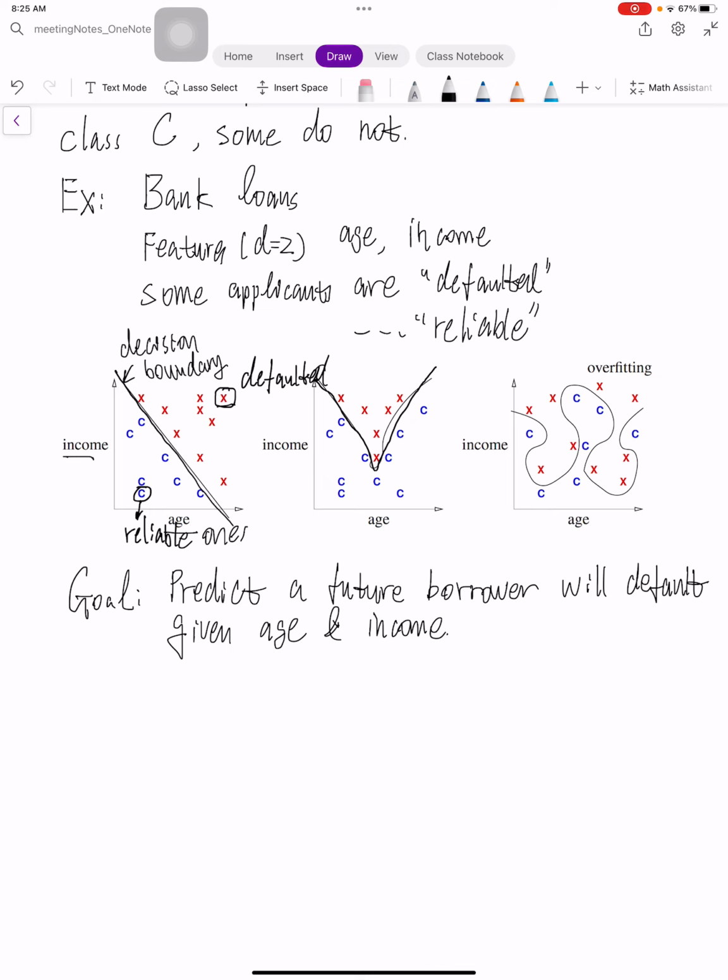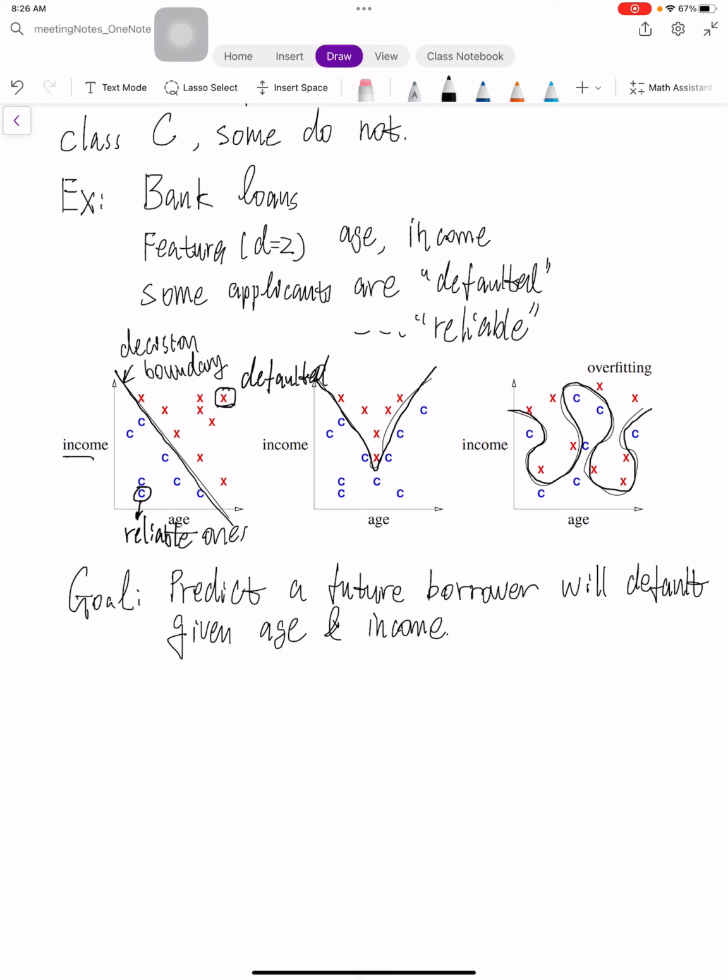The last scenario is more complicated. You cannot even use a combination of lines to separate them. We need more complicated decision boundaries to separate the default ones and the good ones. So there is a basic concept called the decision boundary.